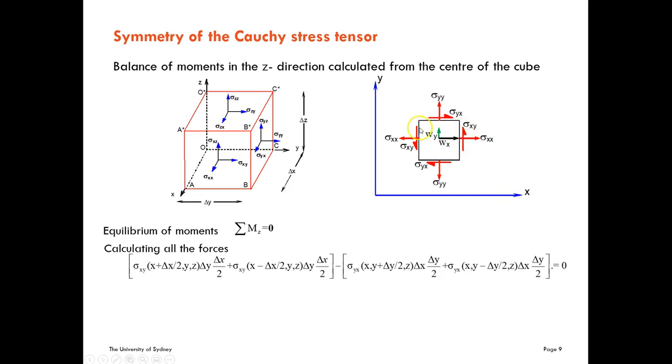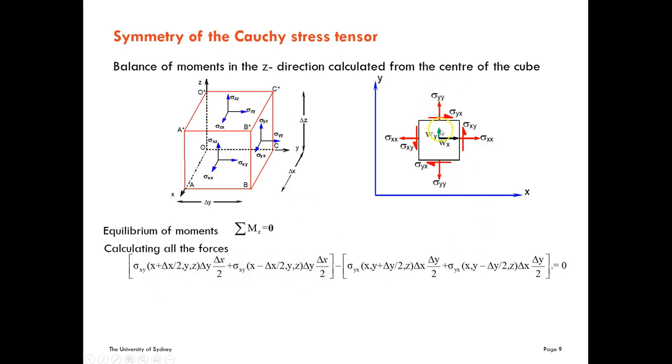Now I can include the moment due to this component of force, that is going to be the same component of the stress but calculated at another point, x plus delta x/2, y. This is the arm of this moment, and this is related to the area: delta y, delta z is the area.